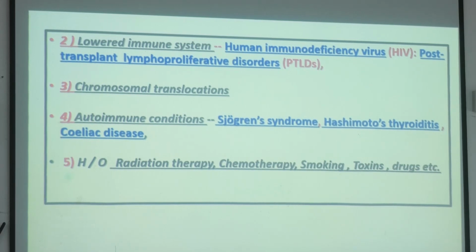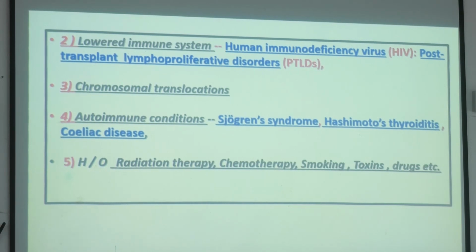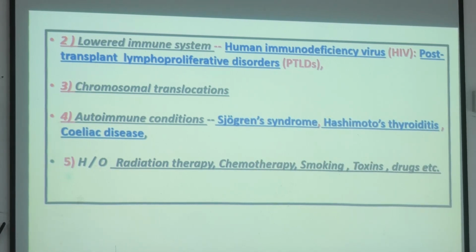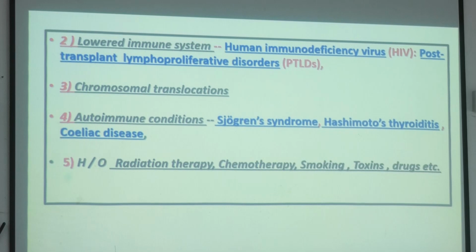Post-transplant lymphoproliferative disorder, immune deficiency or depressed immune mechanism are responsible for this. Some autoimmune disorders, as I told, and patients with a history of radiation or immunosuppression treatment. These are the etiological factors that produce non-Hodgkin lymphoma.